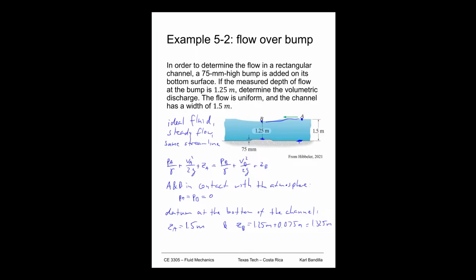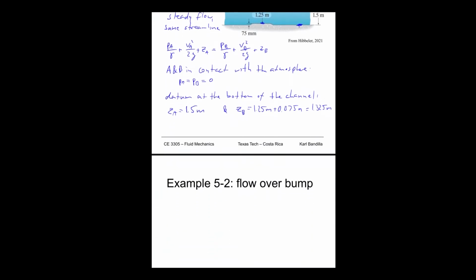All right, so now what do we have? We have PA, we don't know VA, but we have ZA. PB we have, VB we don't have, and ZB we have. Let's write that down.